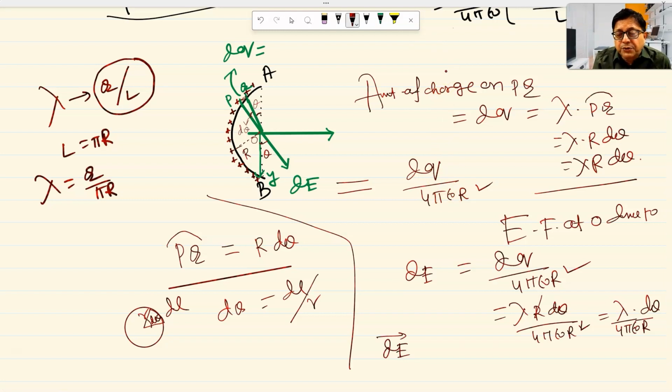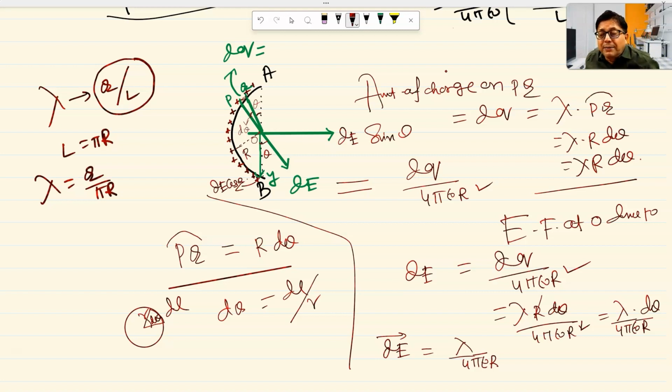This is the total magnitude. It has two components. It is lambda by 4 pi epsilon 0 r. The component in this direction will be dE sin theta. And in this direction, the way I have taken theta, it will be dE cos theta. Okay?